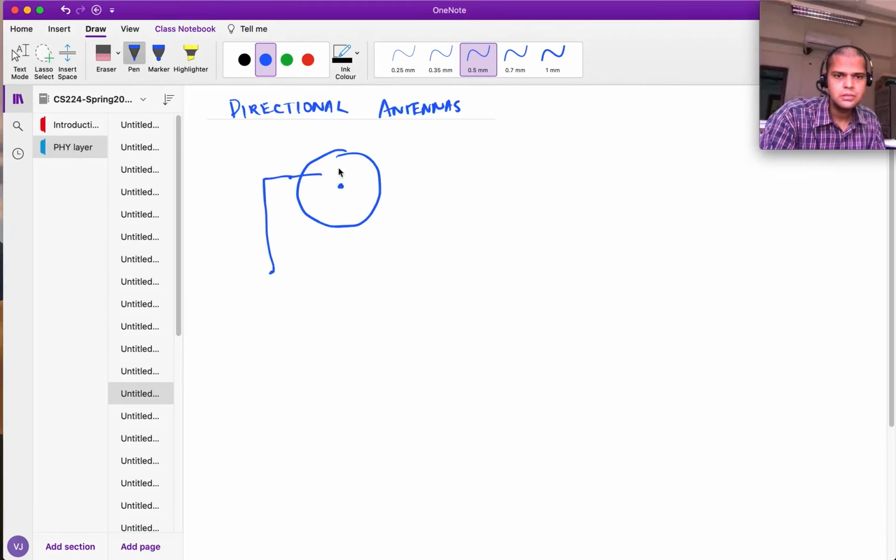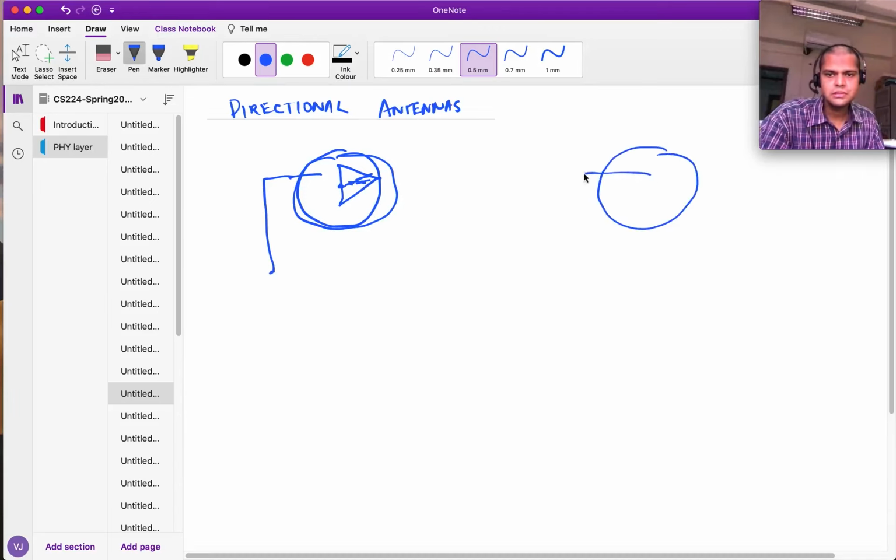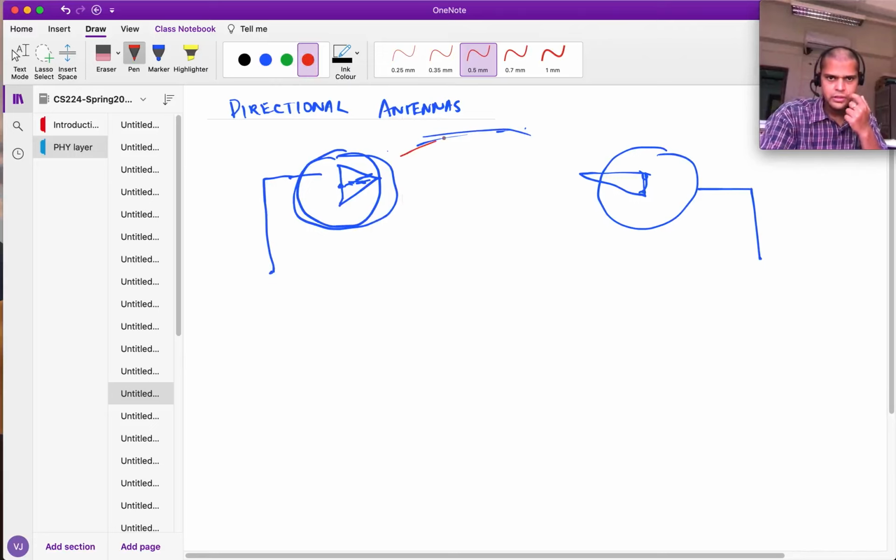It's a circular dish, and it points in a particular direction. You can also have a receiver which looks something like that. So all the power is focused in a particular beam. You can plot the direction: most of the power goes as a lobe in this direction, very little in that direction. So you get better received signals in this situation using a directional antenna.